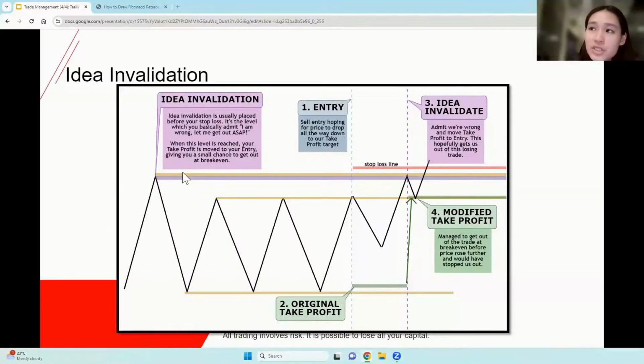Your idea invalidation, as we mentioned earlier, is placed in between your stop loss and your entry level. So we've chosen the swing high level here. So once price hits that level, even if it does reverse back down in your favor, we're moving our take profit upwards to our entry so that we get out of the trade at break even before price rises even further and stops us out.